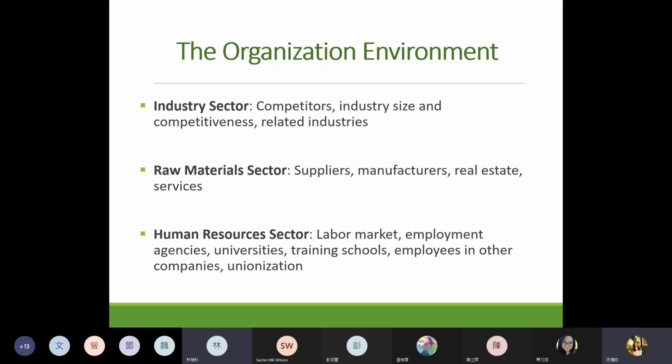The human resource sector, I think it's like employee training agency. I want an example. Oh.